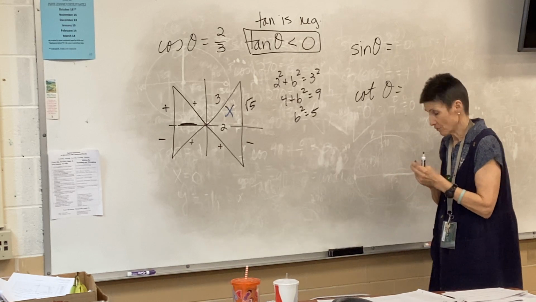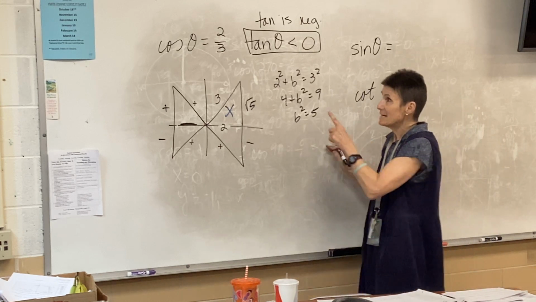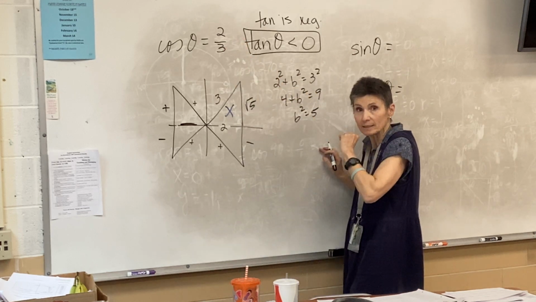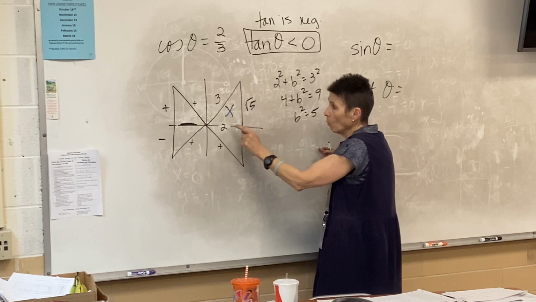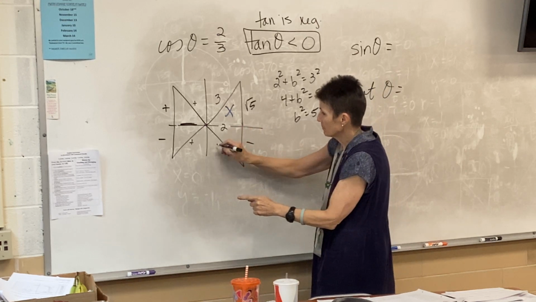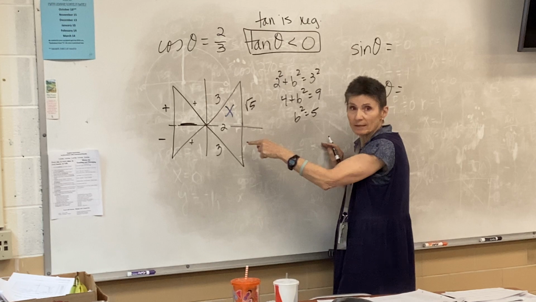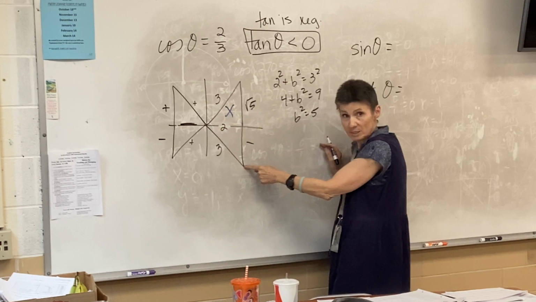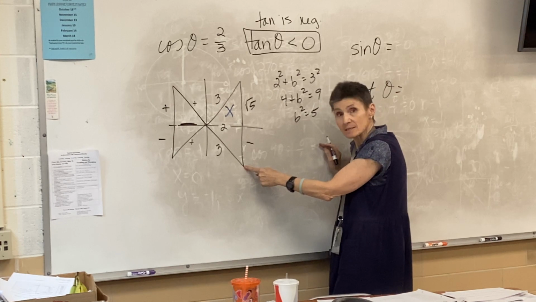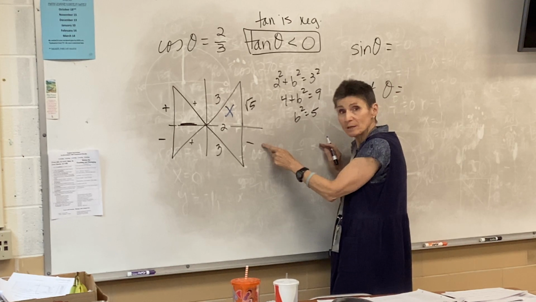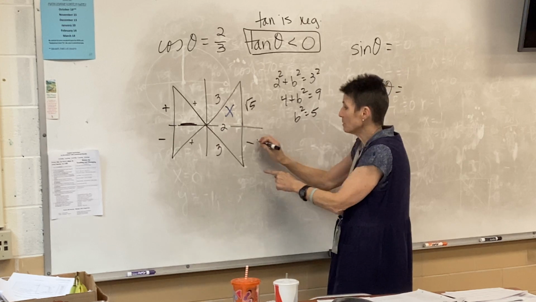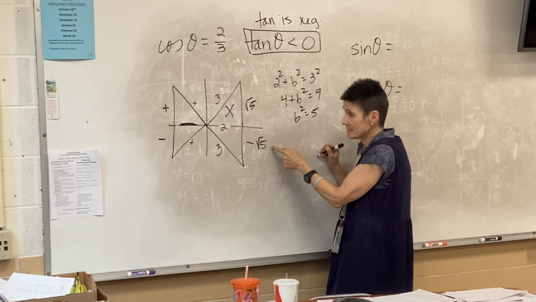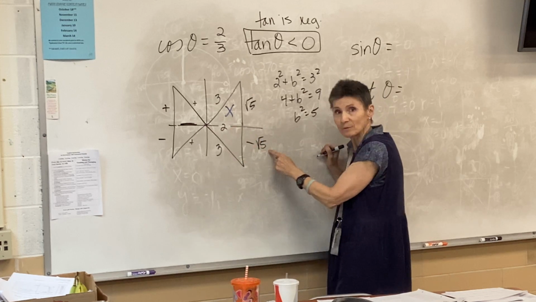It seemed good, seemed like it was going to work, but it doesn't. So then you've got to look further. We need adjacent to be 2 and hypotenuse to be 3. So what if we look down here? What if we looked at this triangle? Is adjacent still 2 and hypotenuse still 3? Yes. And this would still be root 5, except it would have to be negative because it's going down. It's still root 5 because it's still the same Pythagorean theorem.